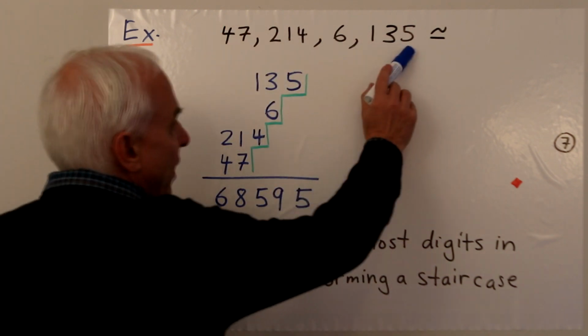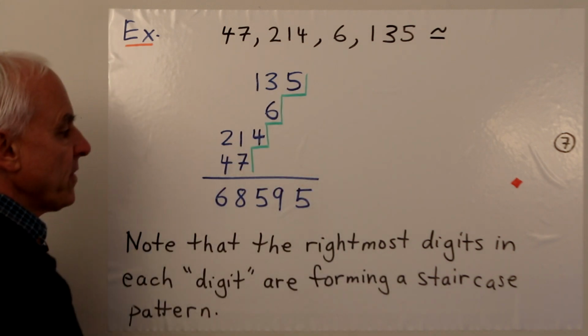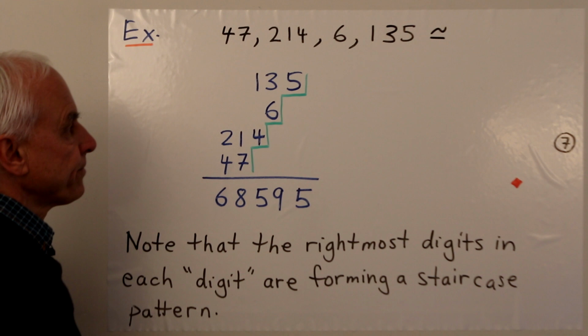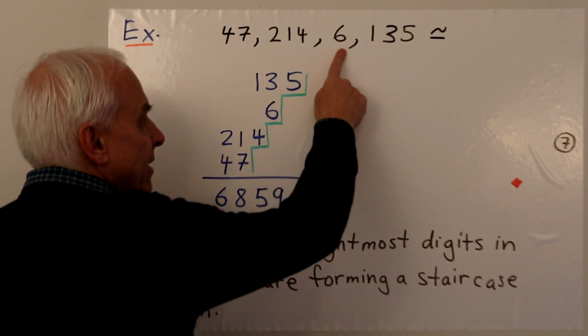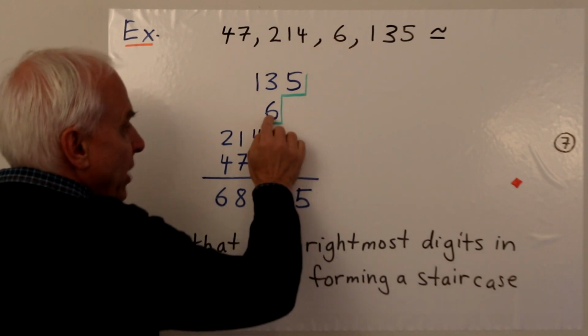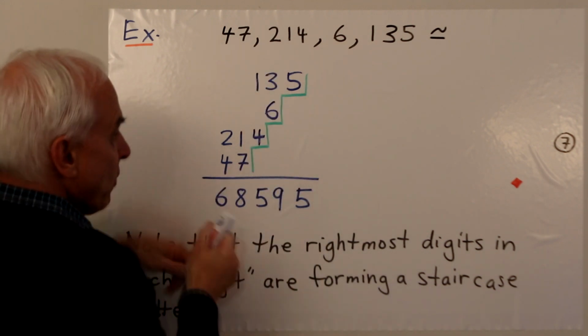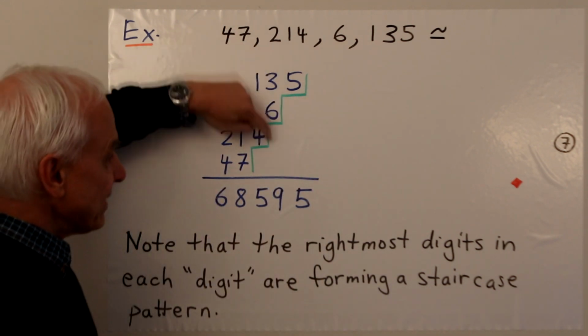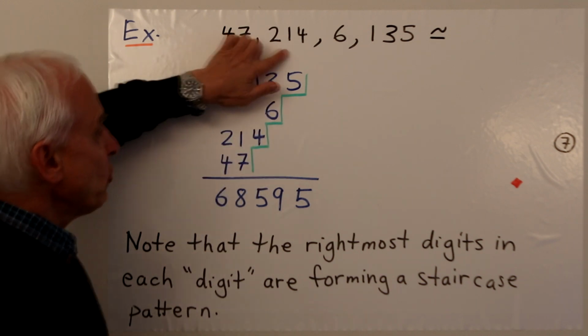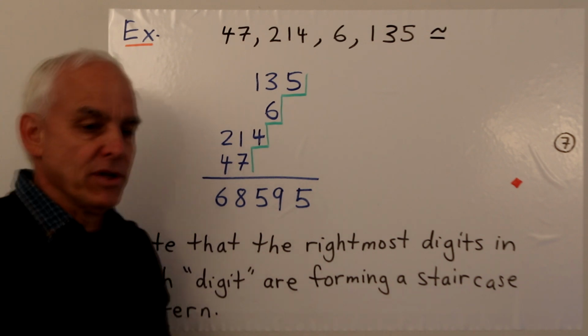So the 135, the ones, we write down there. That establishes the ones column, the tens column, the hundreds column. Then the 6 represents number of tens. So we put it in this position, aligned with the 3 here. That's the tens position, or tens column. The 214, that's the total number of hundreds.